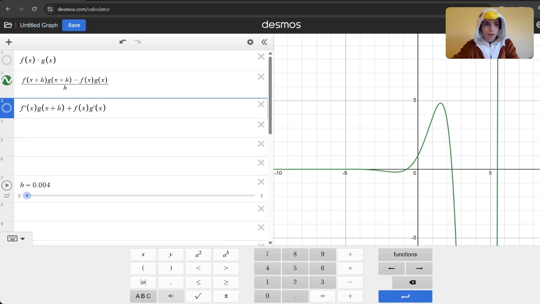And then this g of x plus h approaches 0, so the h goes away, and we have our product rule. The derivative of f of x times g of x is f prime of x g of x plus f of x g prime of x.